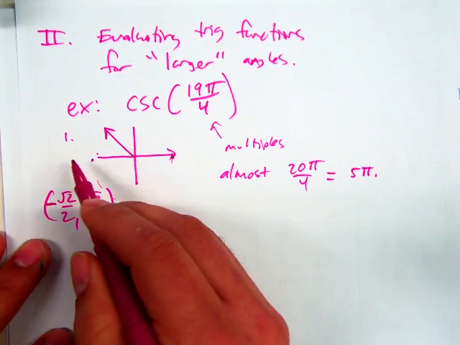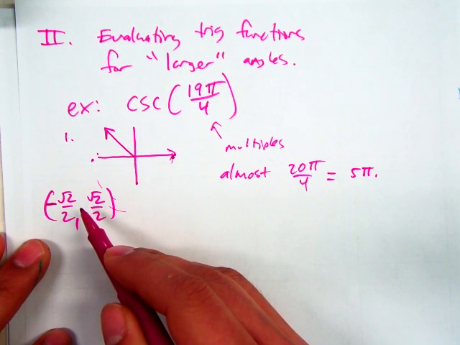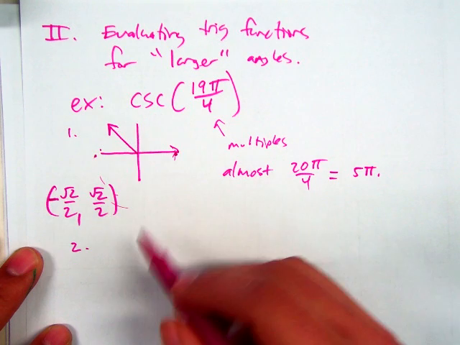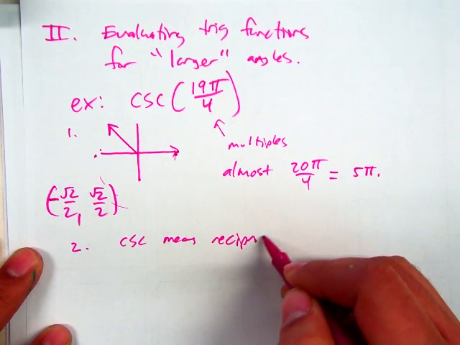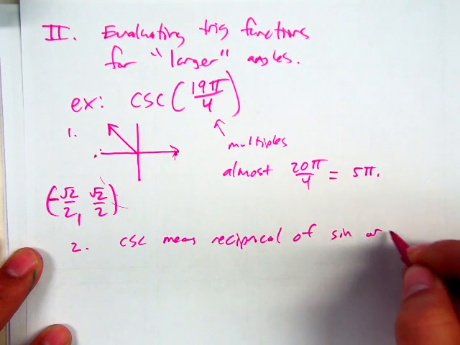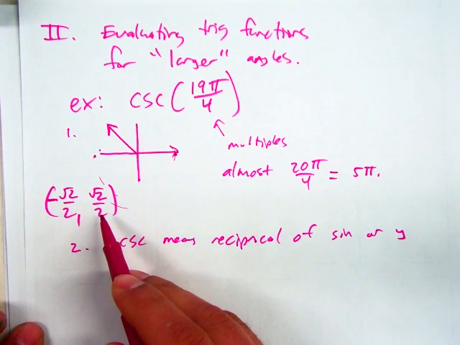All right, so that's the first thing we do. First, we figure out what quadrant we're in. Then you write out the coordinates for that point. And now you evaluate using the definitions. Cosecant means reciprocal of what? Of sine, or y, right? Which is the same thing. So I'm going to look at my y coordinate.